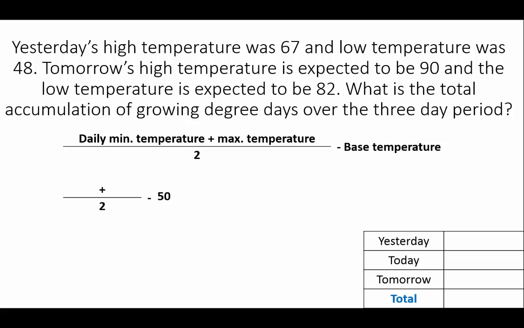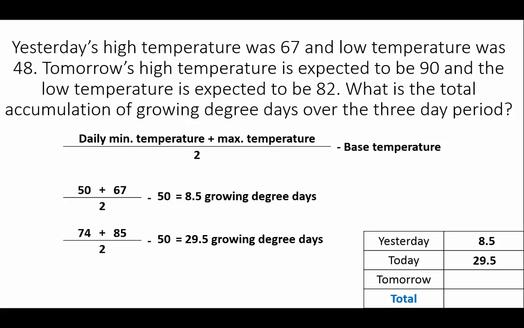We will replace 48 with 50 and then continue on with our equation. So 50 for the minimum because it replaces 48, and 67 for the high temperature for the day. 50 plus 67 divided by 2 minus 50 gives us a total of 8.5 growing degree days accumulated for the day. If you remember, today's growing degree day accumulation was 29.5.